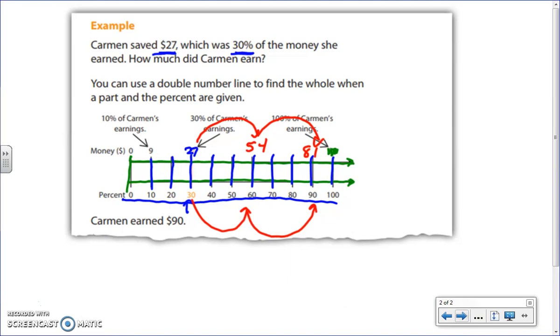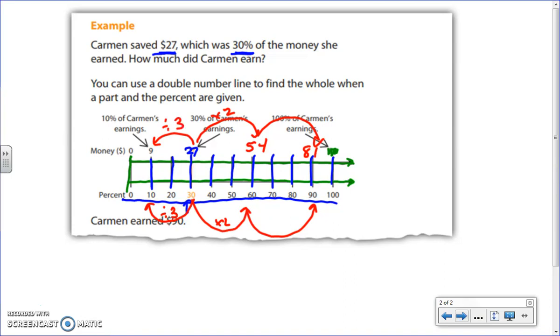Instead of, I could think of this as being multiplied by 2, if I wanted to find the unit rate, or just maybe 10%, which is going to be a very useful number, what I could do is I could divide by 3. 30 divided by 3 would be 10. 27 divided by 3 would be 9.